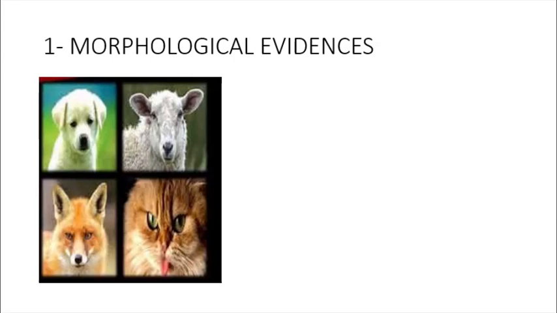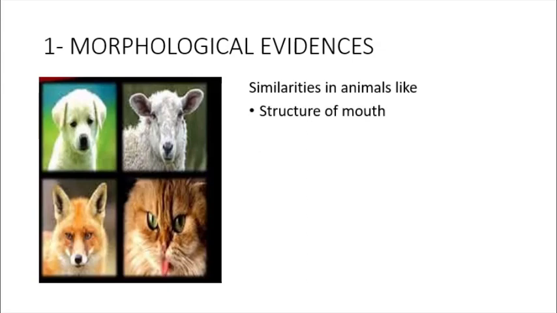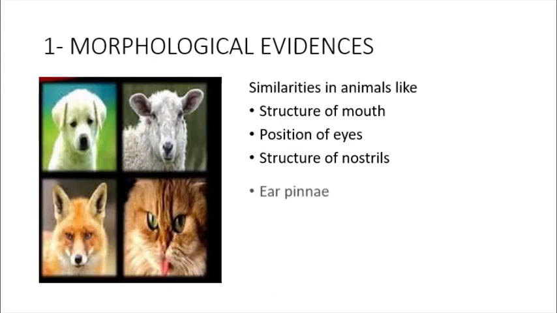Now, there can be similarities in the structure of the mouth, similarity in the position of the eye, in the structure of nostrils or even ear pinna and even the body hairs.